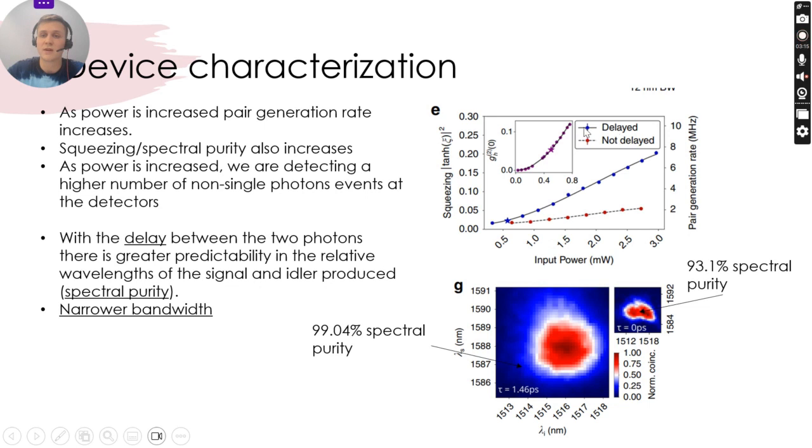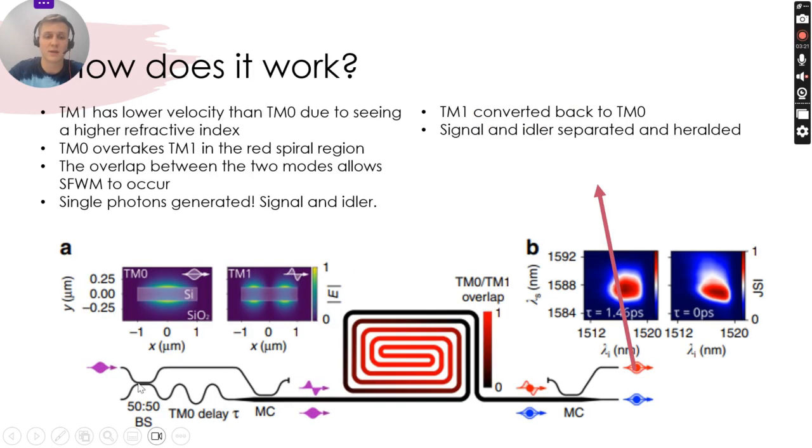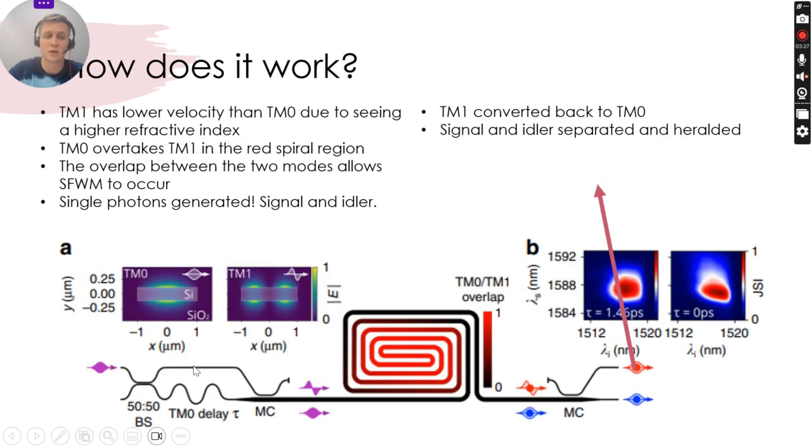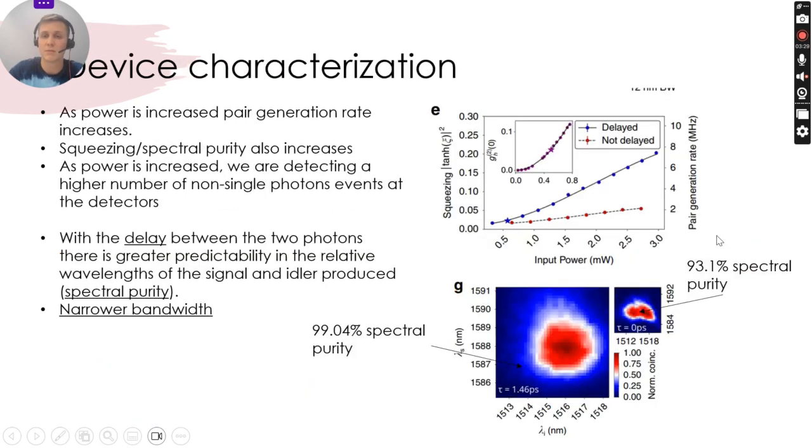You'll also notice that they have delayed versus not delayed on this graph. So this basically means the delayed is with this delay line here, and this not delayed is just having two waveguides of the same length. Okay, and you can see that the delay is causing your photon pair generation rate to greatly increase. And you can also see that it's causing the squeezing rate to increase.